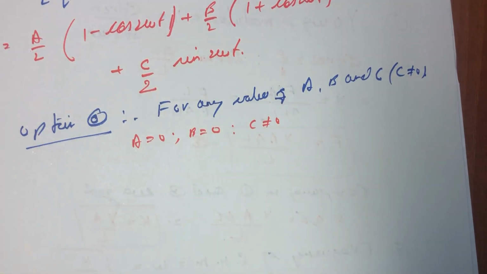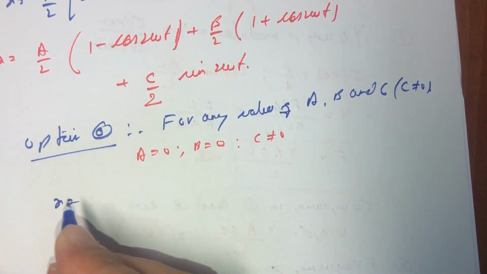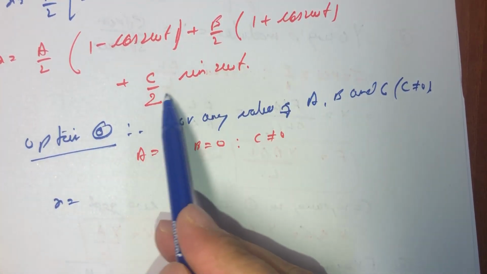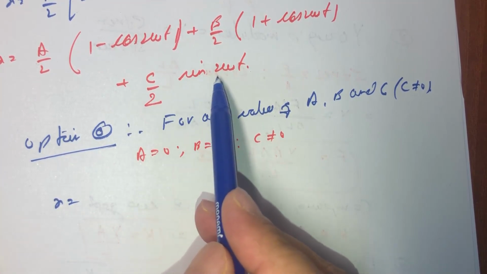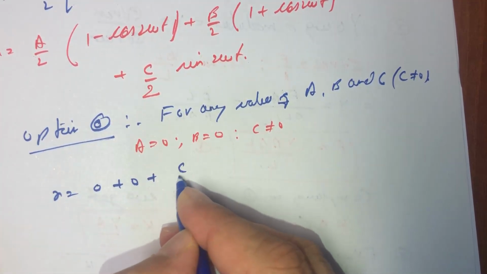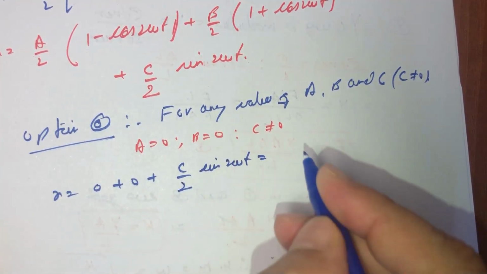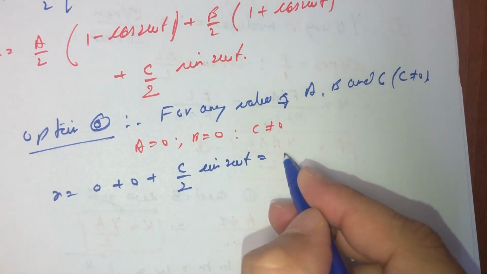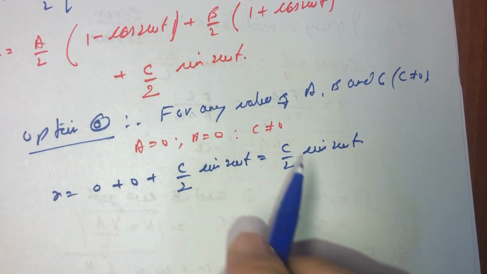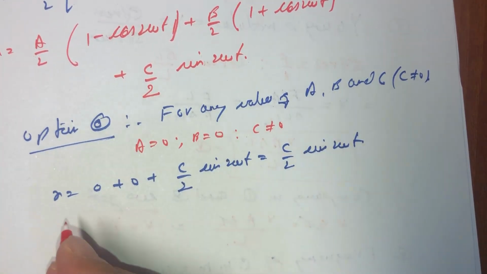We substitute it here. We get that our x will be equal to, first term becomes 0, second term also becomes 0, but the third term is c by 2 sine 2 omega t. So this becomes 0 plus 0 plus c by 2 sine 2 omega t. So this expression represents the SHM.